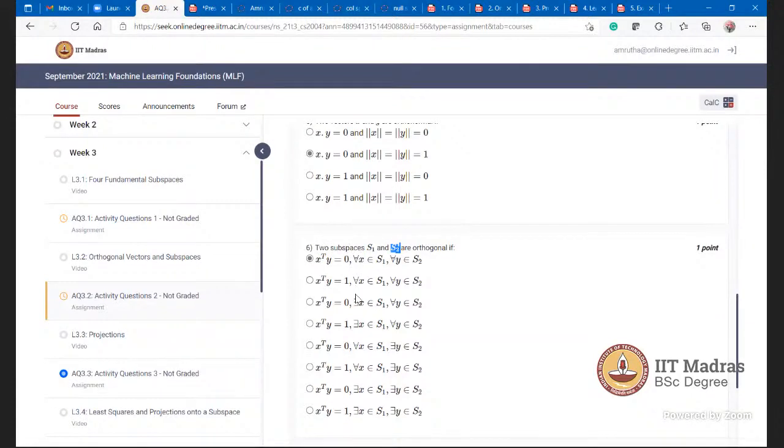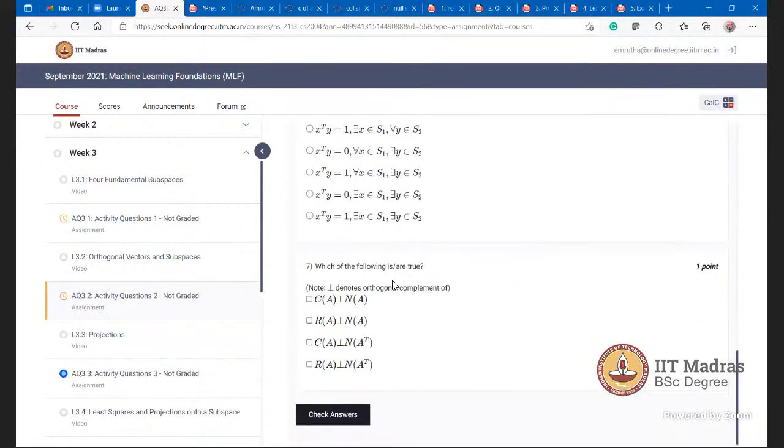It is not that some vectors are orthogonal and some are not. Every vector must be orthogonal to every other vector. That is the condition to say that the two subspaces are orthogonal. So only this option holds, the other options are false.